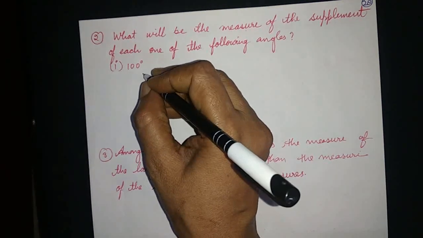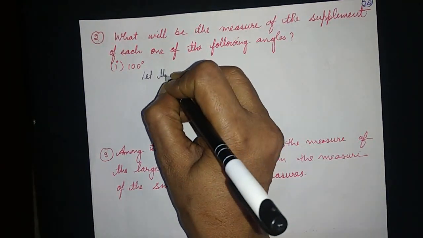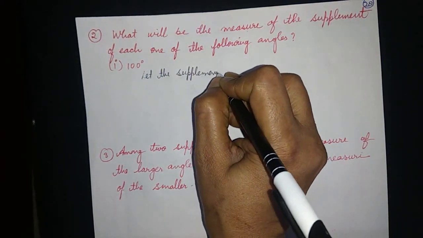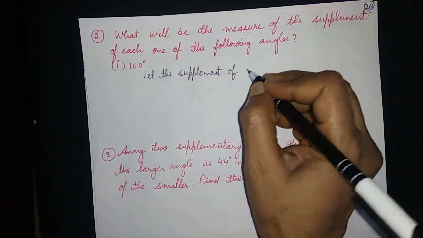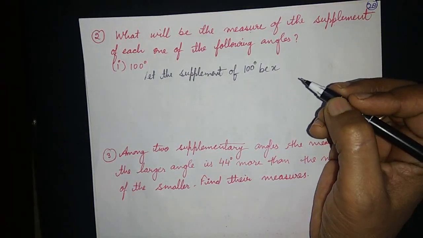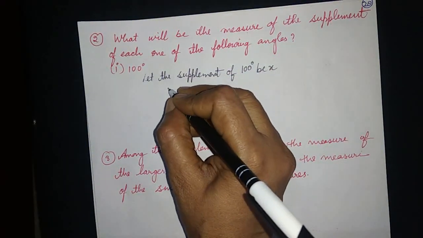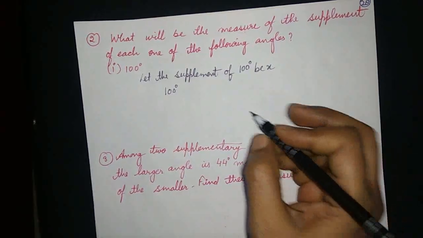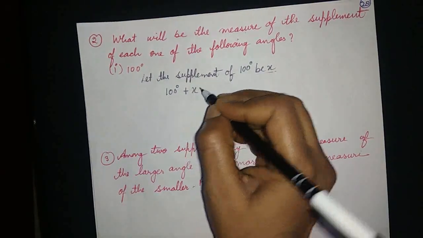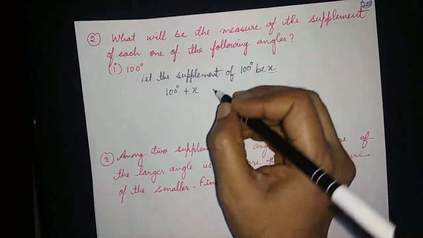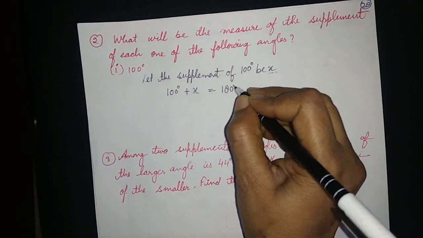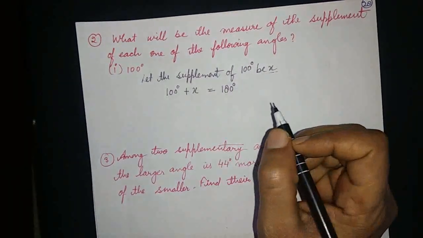We will assume the supplement of this 100 degree angle. For this we will write, let the supplement of 100 degree be x. Okay, so here 100 degree is the given angle, and the supplement we have assumed here x, and the sum of these two angles will be equal to 180 degree because they are supplementary.